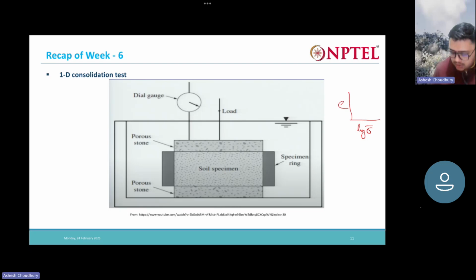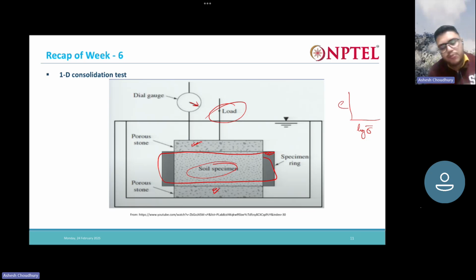So this is the consolidation test. We put the soil specimen here, and we have the porous stone. This is the specimen ring inside which we put the soil specimen. Please go through the standard textbooks, where everything is given in detail. Then we apply the load and take the dial gauge reading.